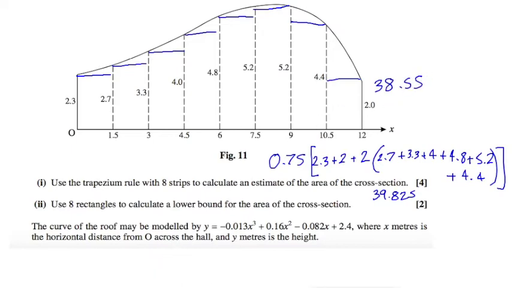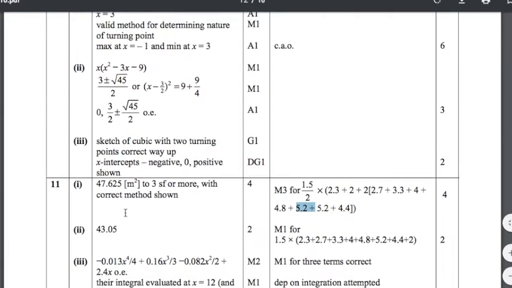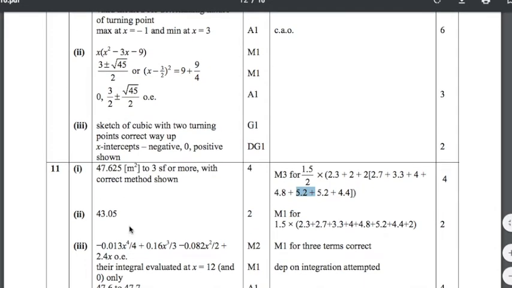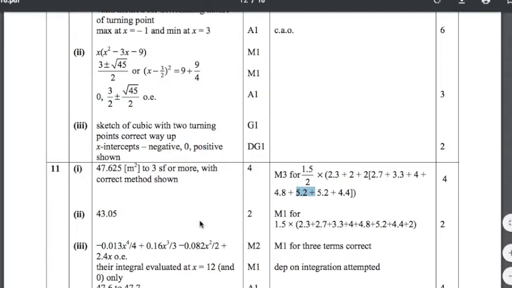So that's for part 2. Again, I'm just going to double check. I've done something wrong again. What have I done wrong? So I did 2.3, 2.7, 3.3. For some reason I hit 1 instead of 4. So it's definitely worth checking all your calculations. So yeah, that gives me 43.05.